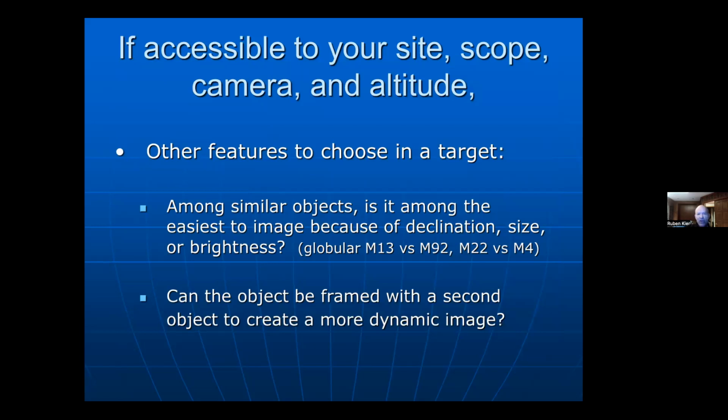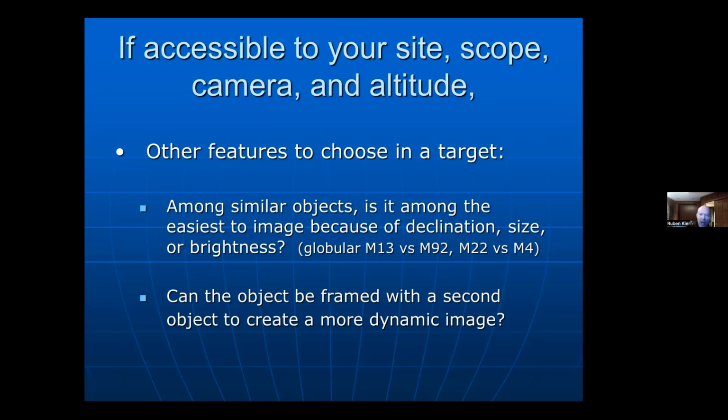So once you've chosen your site, your scope, your camera, and the altitude, there are other objects to choose. Among similar objects, which is the easiest to image because of declination, size, or brightness? For example, if you're going to look at a globular cluster and you're starting out, which one are you going to choose in Hercules, M13 or M92?